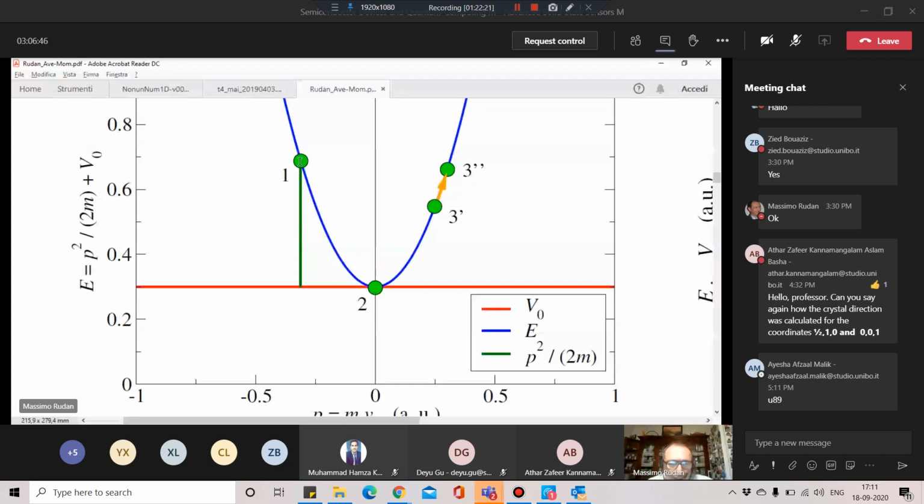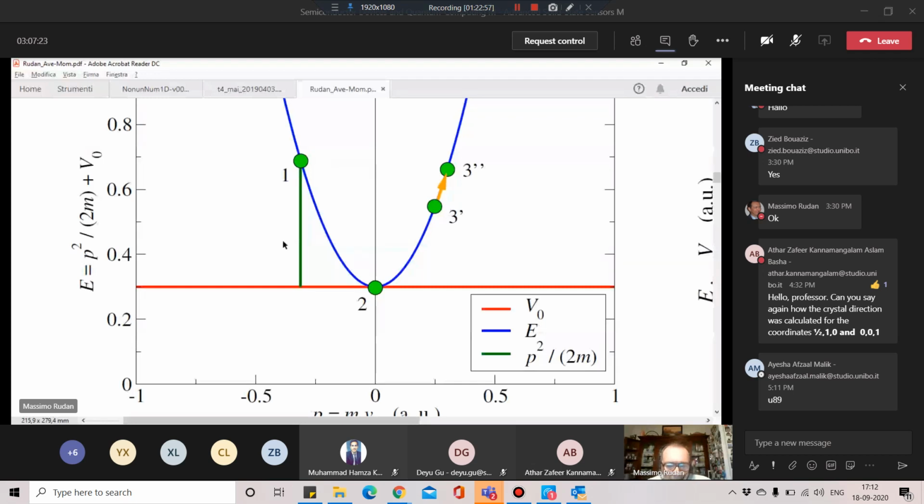The total energy is the distance from the green dot to the horizontal axis. The total energy is made of the sum of the potential energy, that is the orange or red line, horizontal, plus the kinetic energy, that is the green vertical line. Okay?